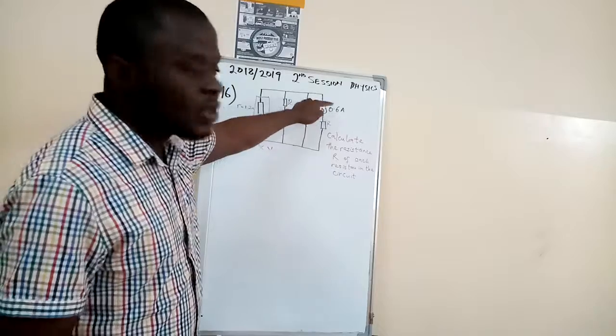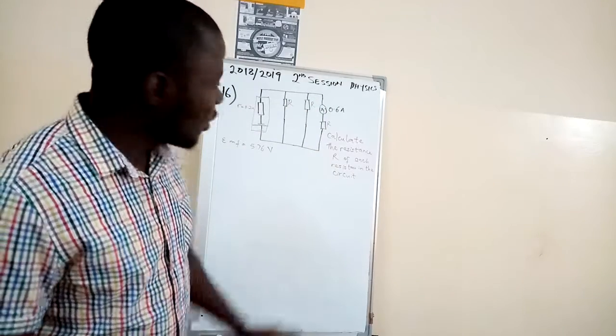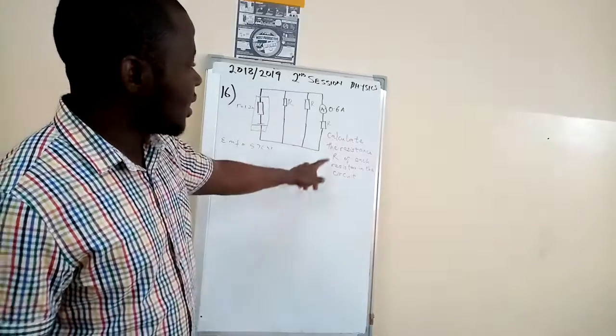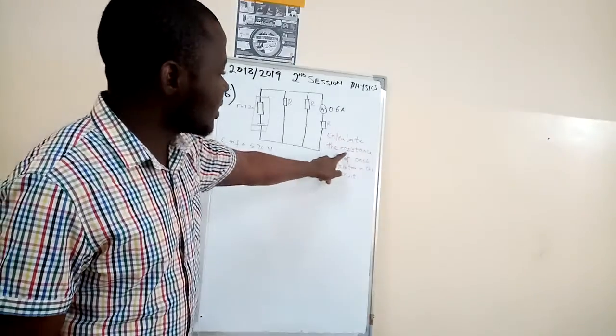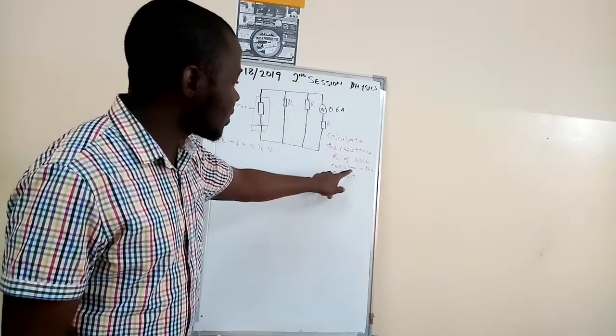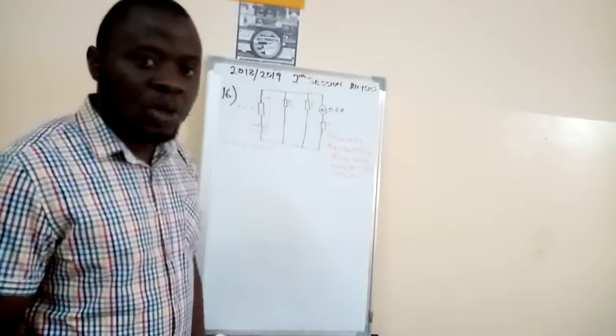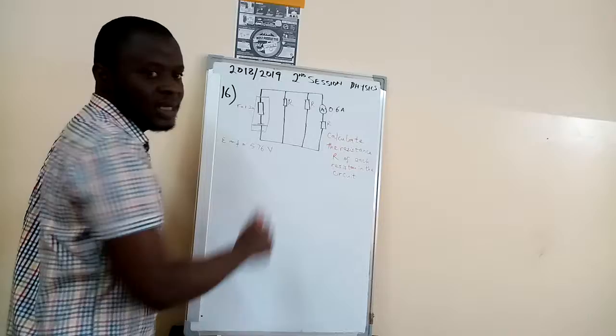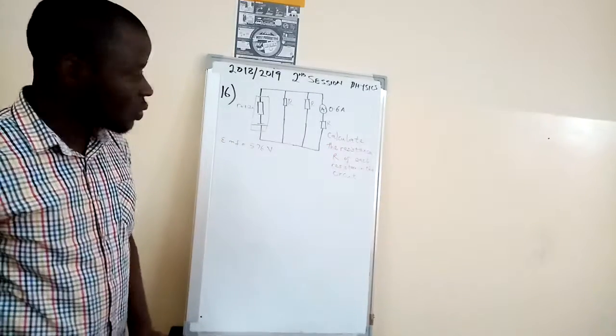We have a current of 0.6 ampere flowing through this particular resistor. Now, the question says calculate the resistance R of each resistor in the circuit. So we want to find out what is this R, what is this R, and what is this R. That's what we want to do now.